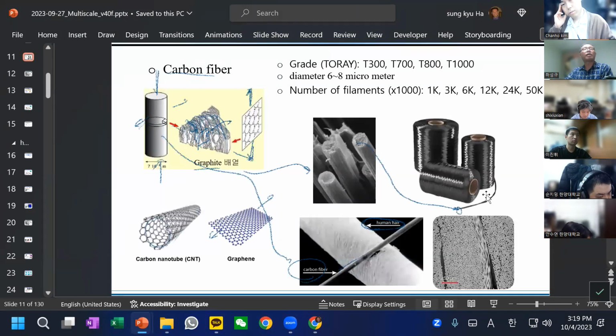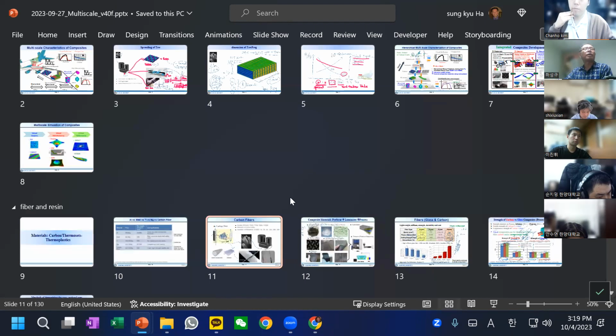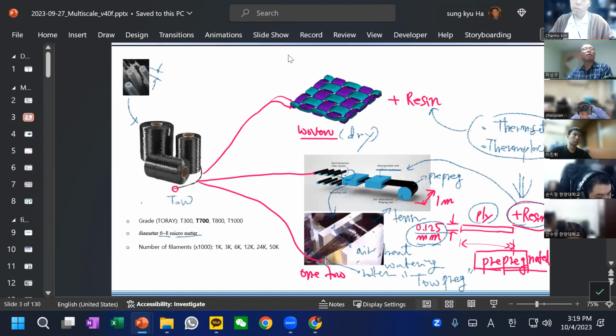We emphasized how this is just one tow. One tow can be spread, right? It can be spread, and it can be resin impregnated. This is my drawing from last week. We start from the fiber, and a tow consists of 20K or 40K filaments.